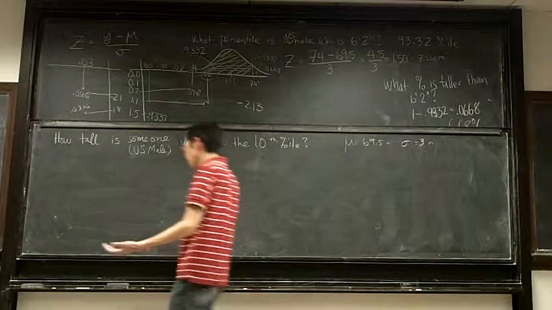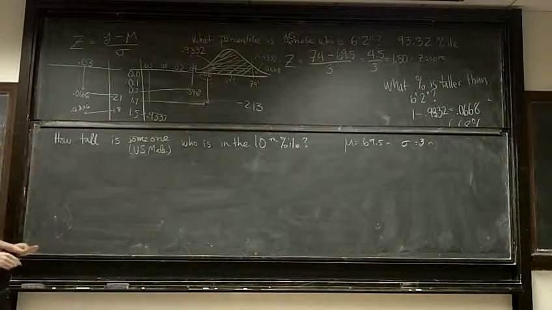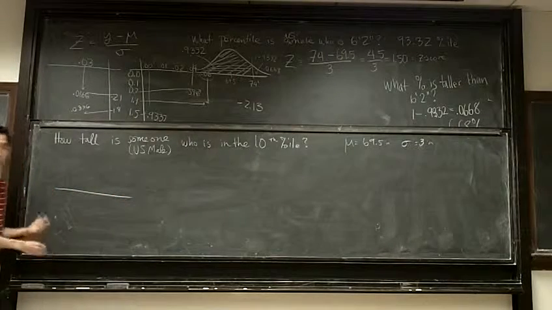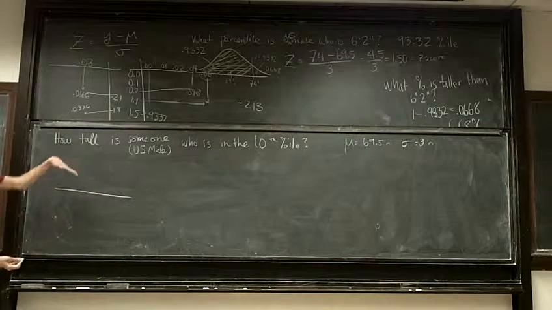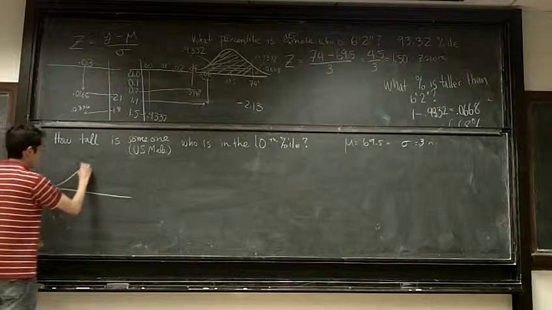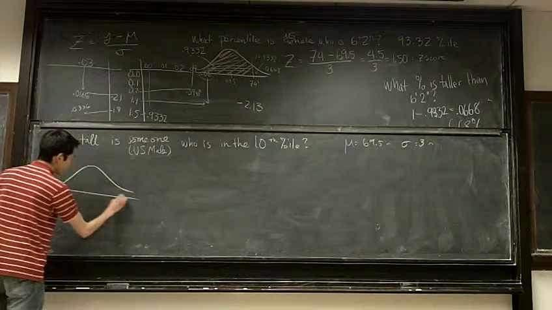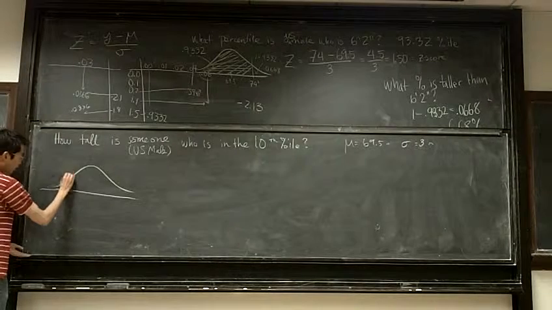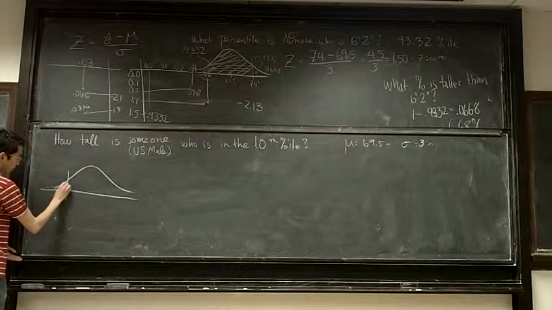So here, we're asking kind of a backwards question. Instead of having a height and asking what percentile, we're given a percentile and we're asking what is this height. So now we've got 10%.